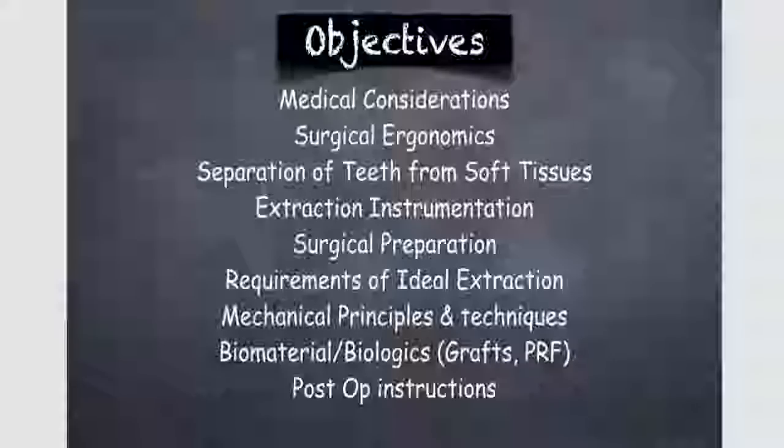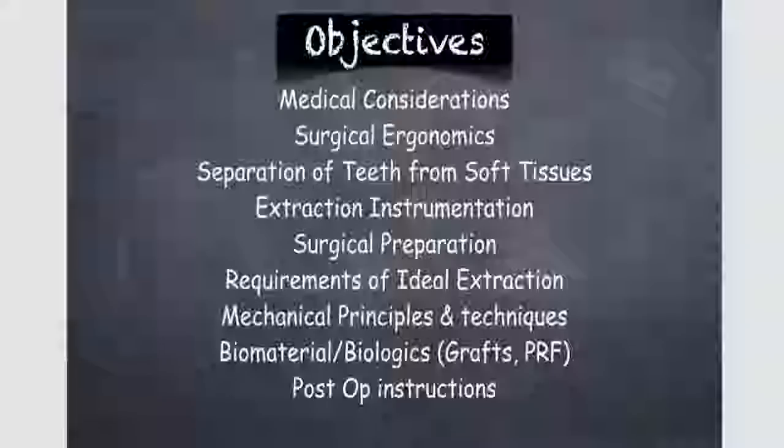So, of course, when we're dealing with extractions, we have to be concerned about some medical considerations before we go in and deal with these types of cases. Our ergonomics of how you should be sitting and standing in these environments to facilitate ease of extraction. We'll discuss how to separate teeth from the soft tissues, how to dive into that PDL and get some luxation.